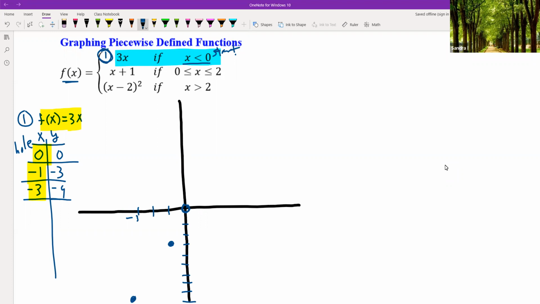Okay, you can actually see where this is going to go. Let me go ahead and erase that. It's linear right here. It's just a piece of a line.